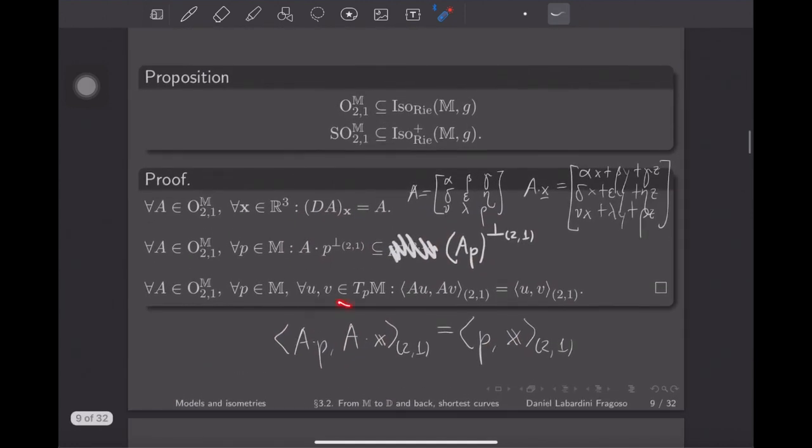And when you restrict to the tangent plane, it preserves. So this proves this one, right? Every matrix that preserves M, as a map from M to M, preserves the inner product. So it's a Riemannian isometry.